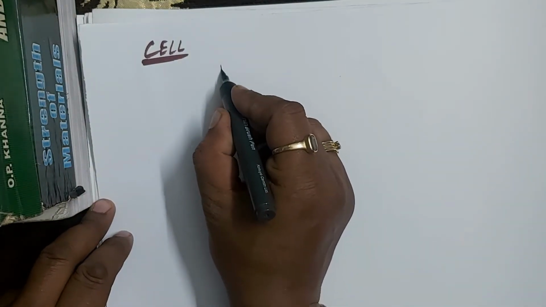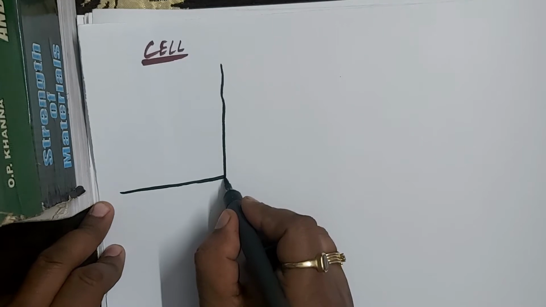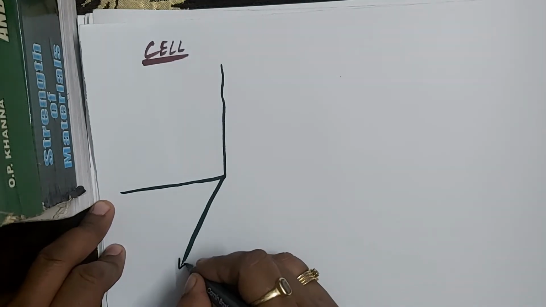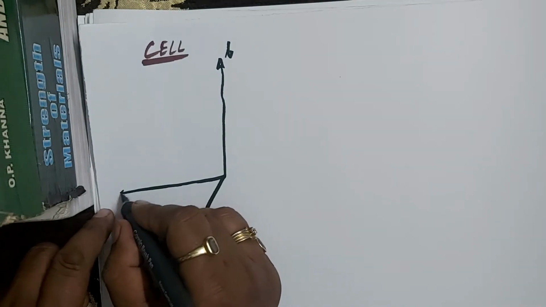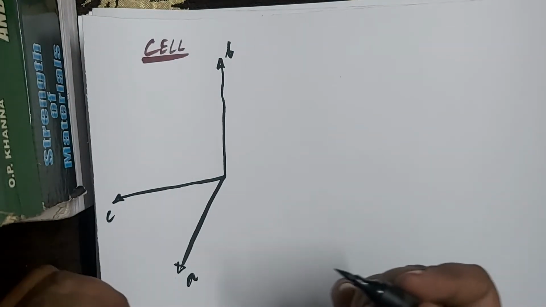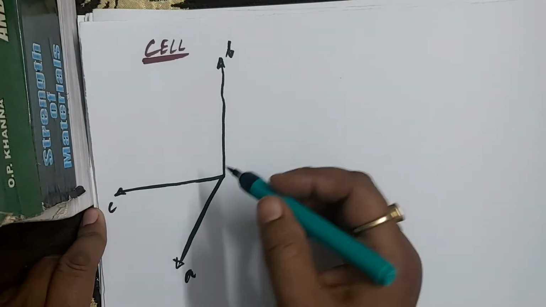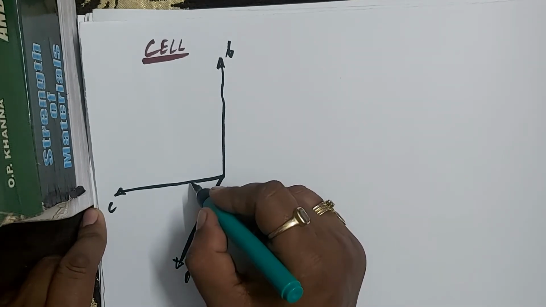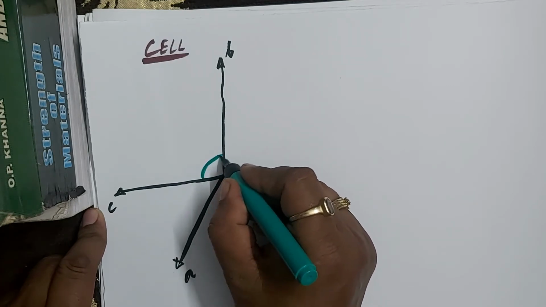So if we draw a diagram, this is our A vector, this is B vector, and this is vector C. The angle between B and C, where A is not there, we can say is alpha.